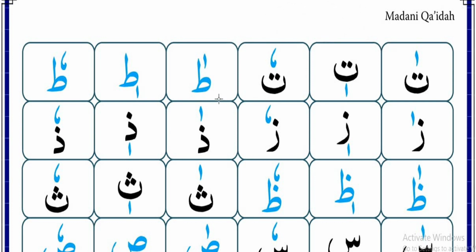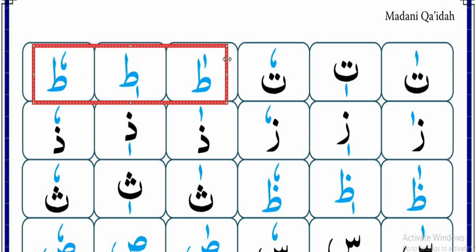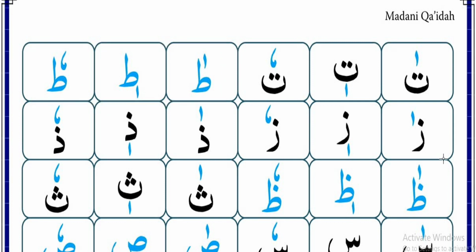So let's read some of the other letters. Here the letter is twa. Twa, standing fatha twa, twa, standing kasra twi, twa, standing dhamma tu, twa, twi, tu. Za, standing fatha za, za, standing kasra zi, za, standing dhamma zu, za, zi, zu.